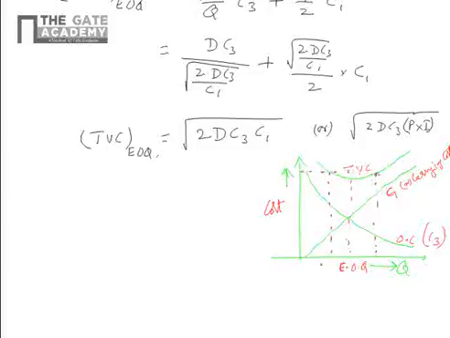These points are called Q1 and Q2. So economic order quantity lies between Q1 and Q2. So total variable cost is the same, but economic order quantity is different. Total variable cost of Q1 equal to total variable cost of Q2. So economic order quantity is different.